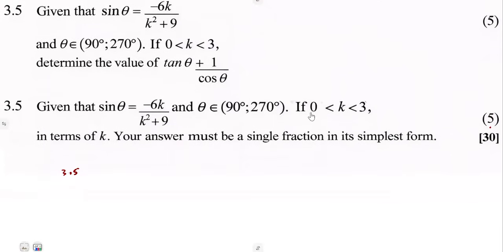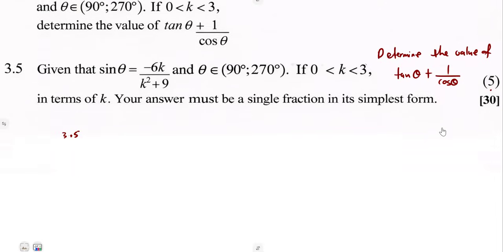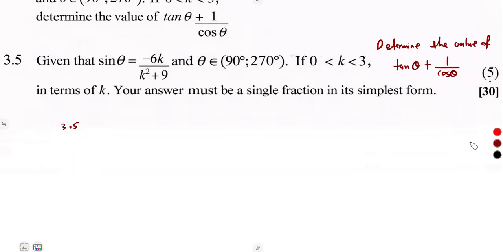It was supposed to be: determine the value of tan theta plus 1 over cos theta in terms of k. Your answer must be a single fraction in its simplest form, or lowest form. So we must determine this trig here.